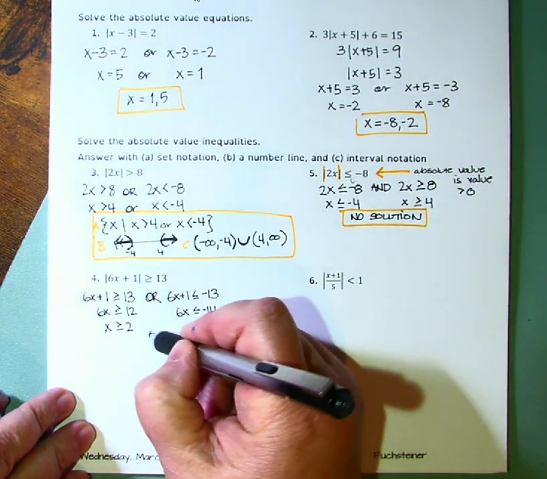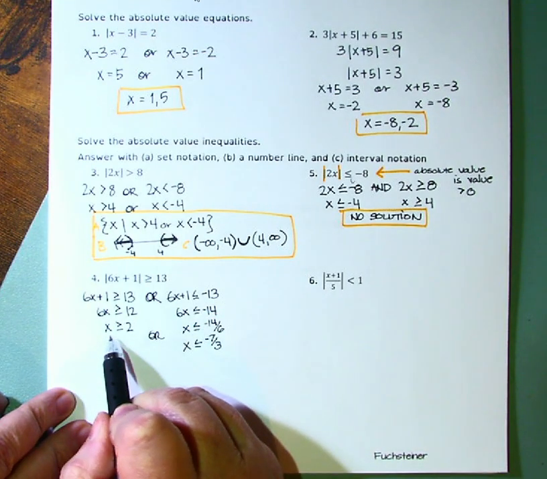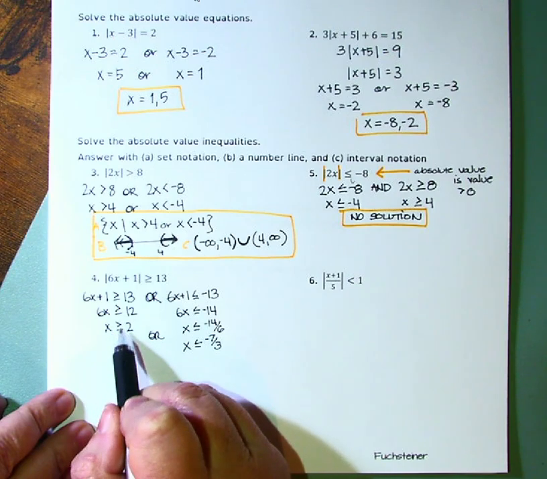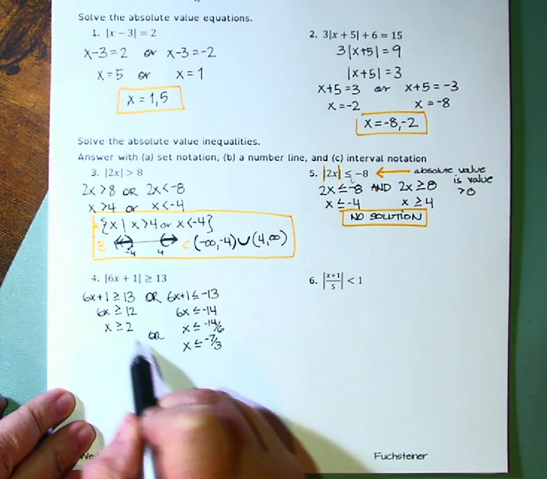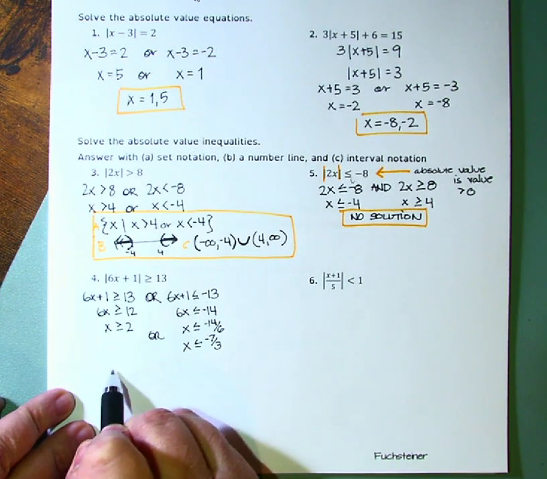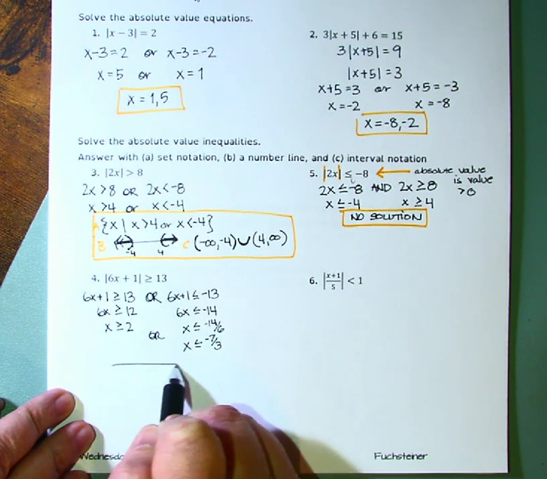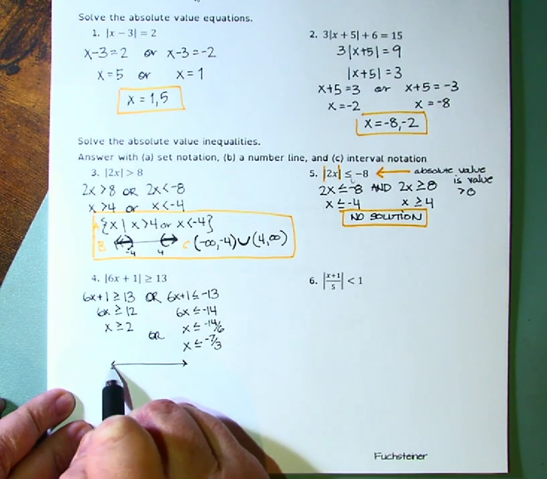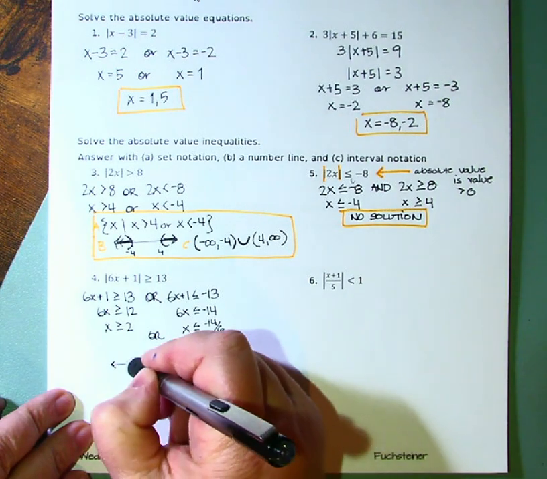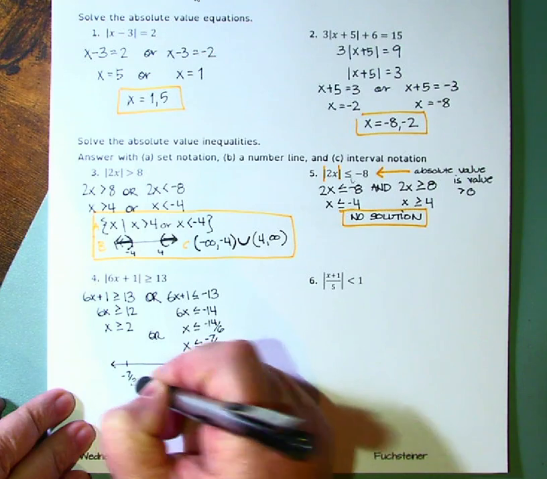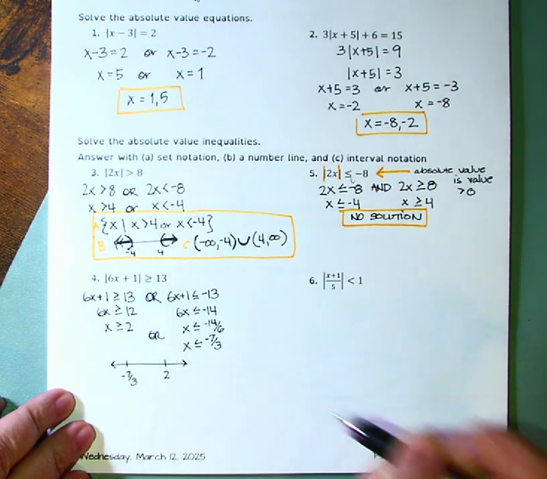Is it possible for a number to have solutions that are bigger than or equal to 2 or less than or equal to negative 7/3? Indeed it is. On a number line, I'm going to take that negative 7/3 and I'm going to take that 2.